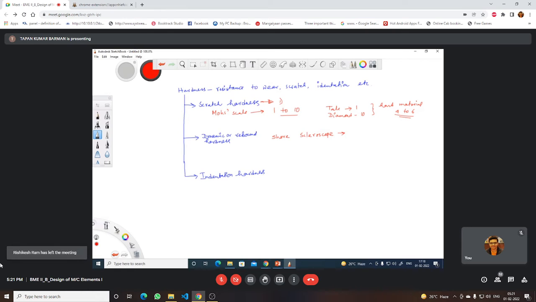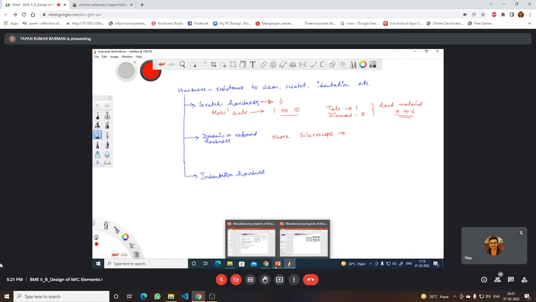On that steel specimen, with a load, we will apply that indenter, and when the load is applied, the indenter will put one impression on the specimen surface. So we'll try to measure or examine that indentation, and from there we'll try to calculate the hardness of the material. So that is the concept of indentation hardness.